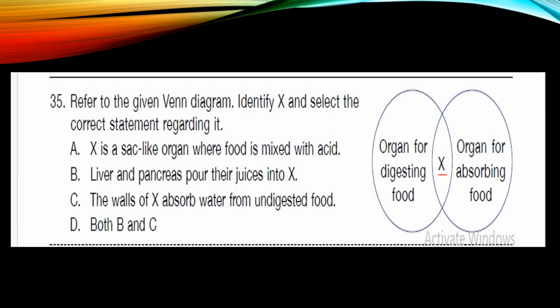B. Liver and pancreas pour their juices into X. Option C. The walls of X absorb water from undigested food. Option D. Both B and C. And the right answer is option B. Liver and pancreas pour their juices into X.